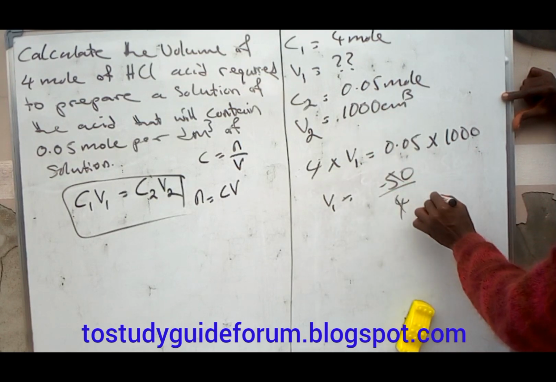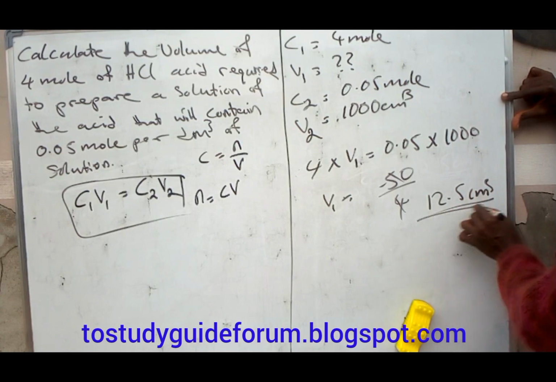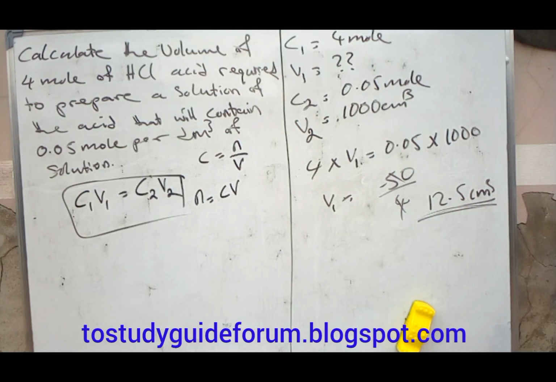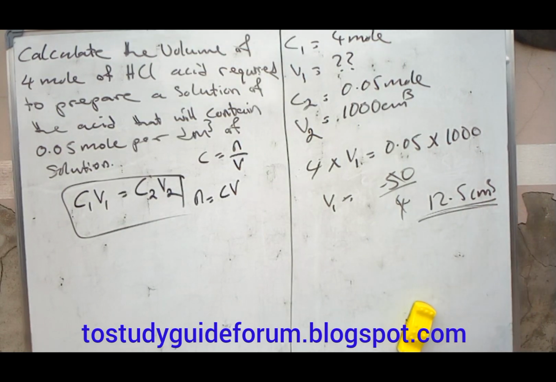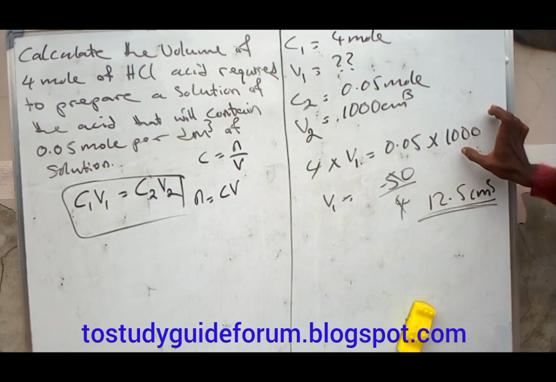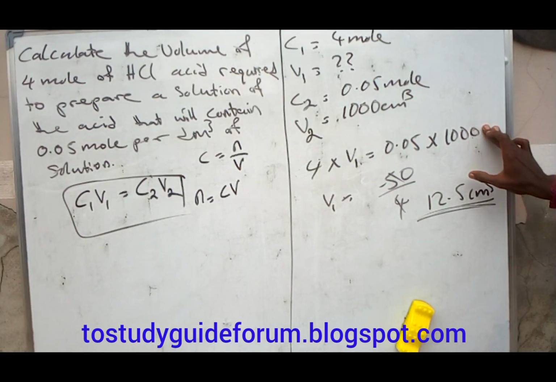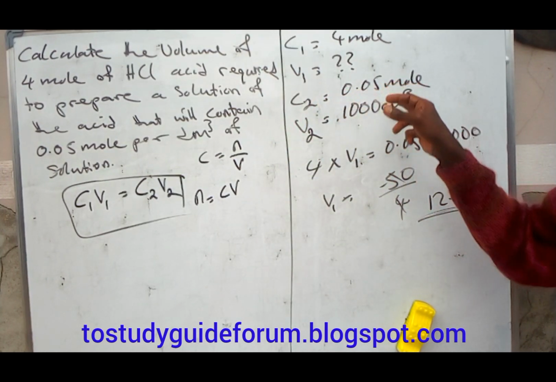Then cancelling out, we have 12.5 cm cube. That means the volume that we require for this is 12.5 cm cube, by making it up to 1000 cm cube, or 1 dm cube or 1 liter. We have 0.05 mole per dm cube.